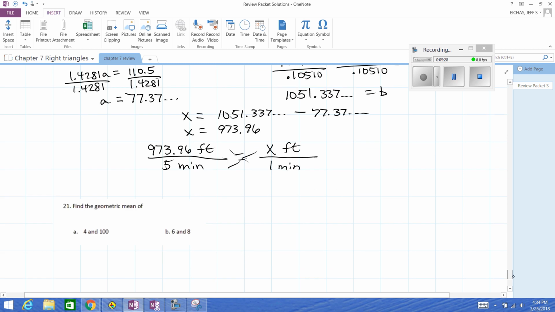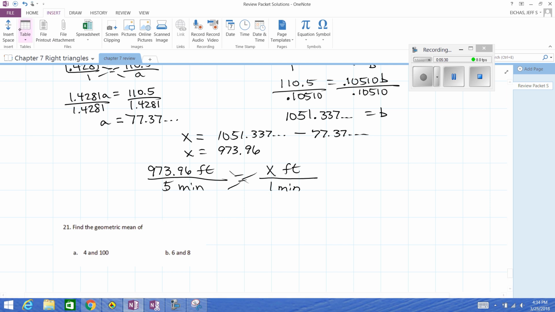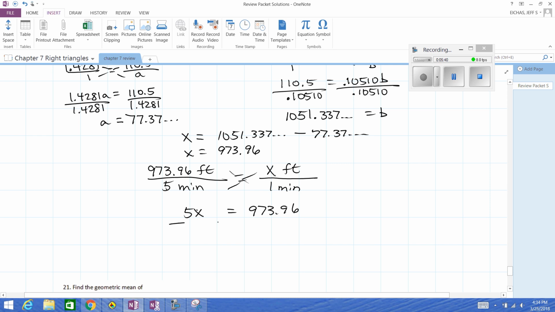Most of you probably would have figured out to divide, but the proportion just tells us what to do for sure. So 5x is that times 1, so 973.96 divided by 5. In case you thought it was divide, now this verifies it for you. It's definitely divide. There's 195 feet per minute.